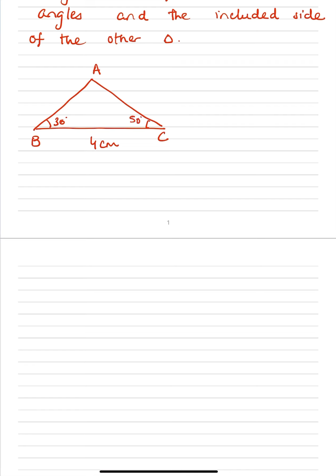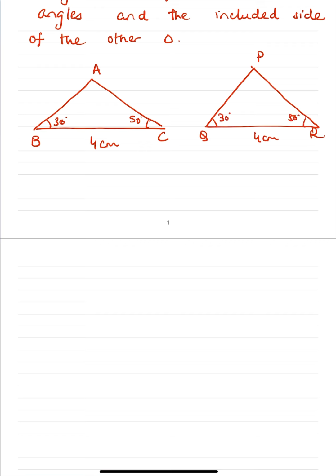Similarly, let us construct another triangle PQR, where QR is 4 centimeters, angle Q is 30 degrees and angle R is 50 degrees.